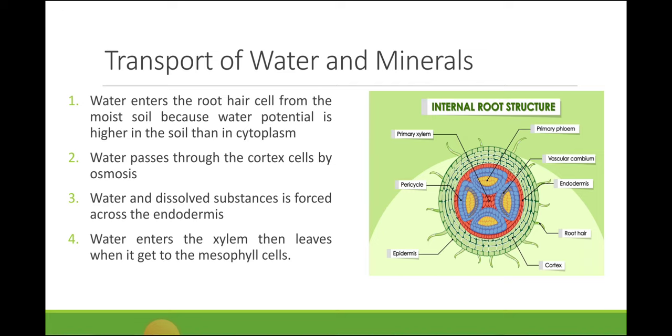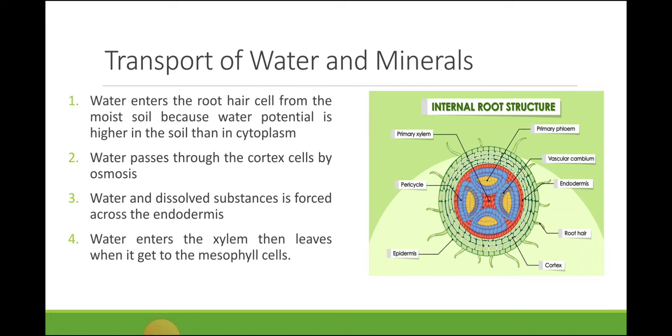So you can also look at the diagram here. The diagram is explanatory. Number two, water passes through the cortex cells by osmosis. So water from the root hair cells will pass through the cortex cells by osmosis.